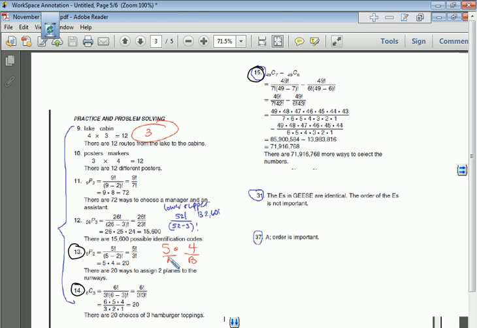How many are left for runway B? 4. So we could think of this as a counting principle, or you could think of it as a permutation, which is what it's worked out as here. The permutations of 5 choose 2. 5 factorial over 5 minus 2 factorial is 20. So there are 20 ways to assign those 2 planes to those 2 runways.